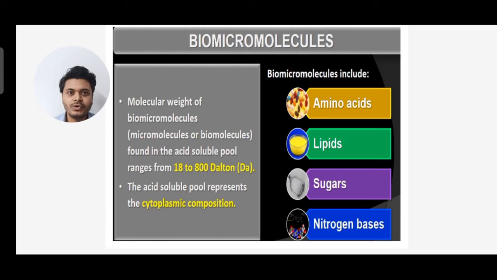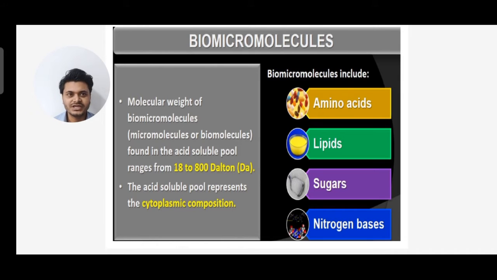The molecular weight of biomicromolecules, that means micromolecules or biomolecules found in the acid soluble pool, ranges from 18 to 800 Dalton. The short form of Dalton is Da, and the acid soluble pool represents the cytoplasmic composition. Biomicromolecules include amino acids, lipids, sugars, and nitrogen bases.